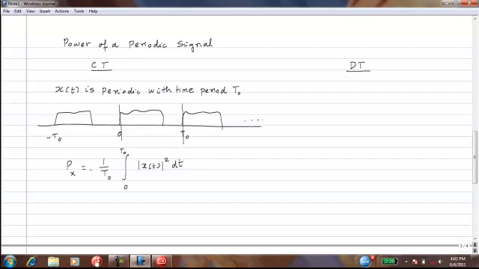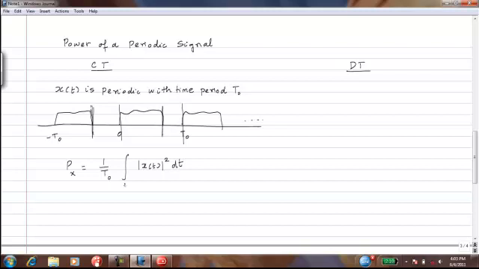And notice that since you can look at any one period, you do not have to integrate from 0 to T naught. Rather, I could have chosen any one period of the signal, something like this, for example. I would get exactly the same value.